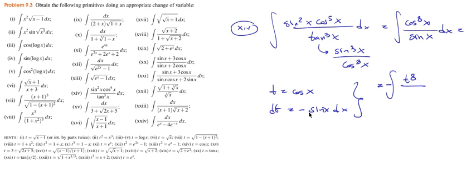And then dx is equal to dt divided by sine, so you have the sine squared, and if t is the cosine, 1 minus t squared is the sine squared. So this is 1 minus t squared dt. Is this correct? Yes.